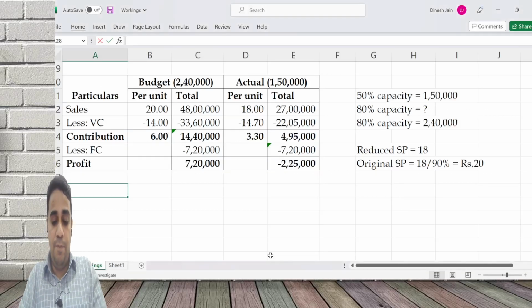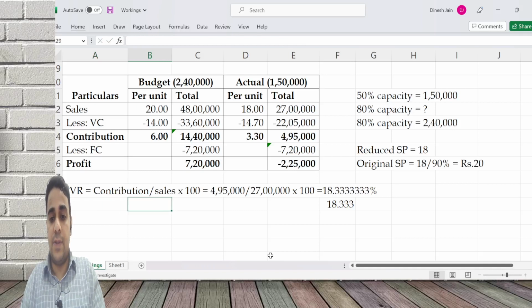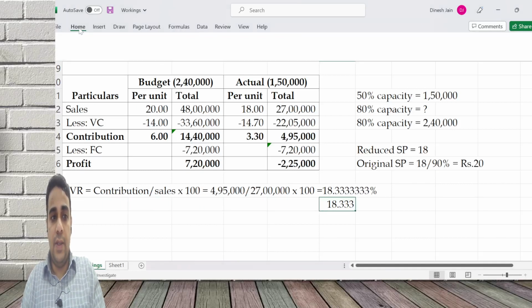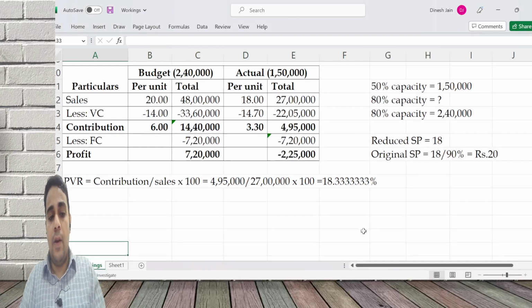So PVR is equal to contribution by sales into 100: 4,95,000 divided by 27 lakh, which is 18.33333%. That is the PVR number.